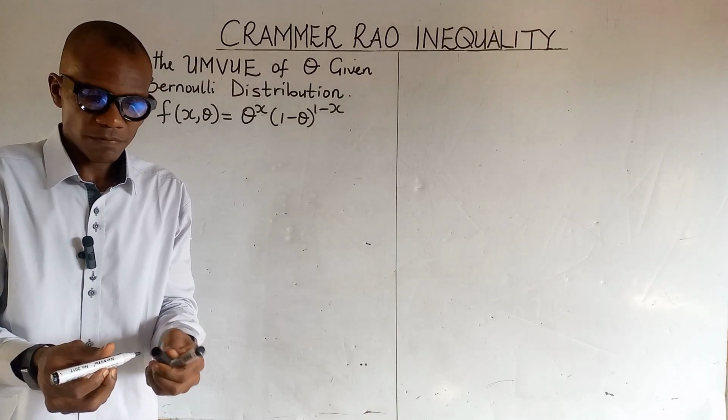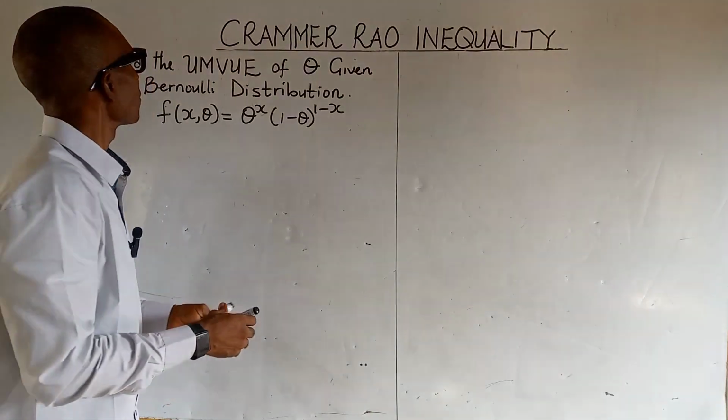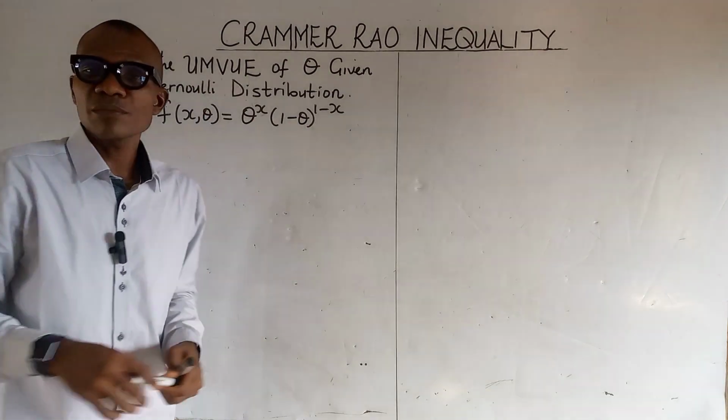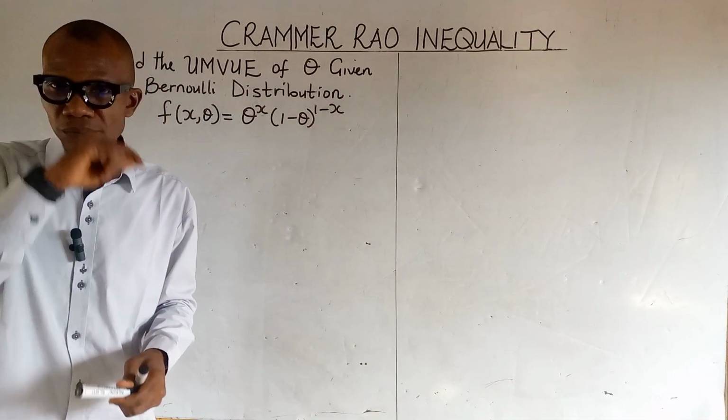So how do we find the minimum variance unbiased estimator of the Bernoulli distribution?